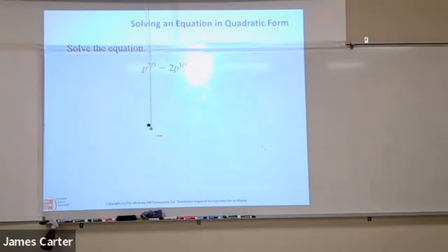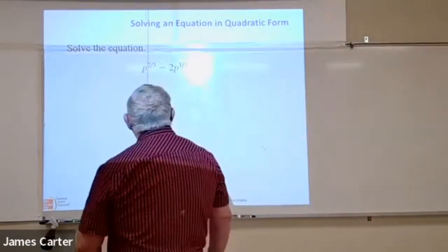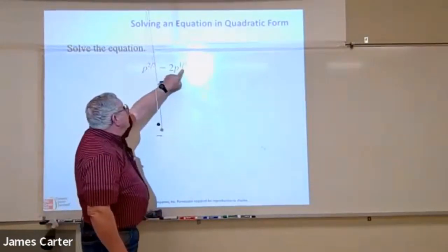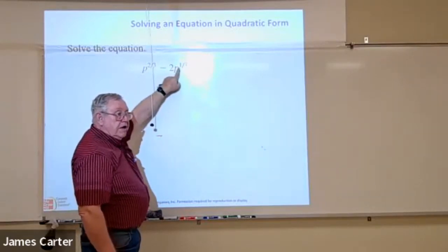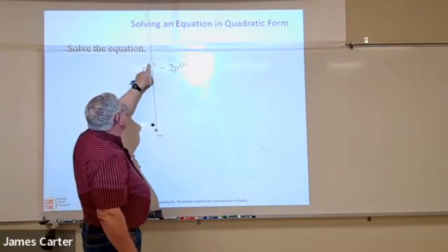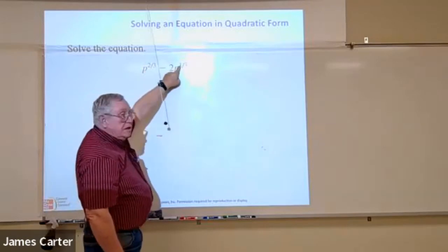Okay, what about this where you got fractionals? This part right here means cube root, doesn't it? 3 in the denominator means cube root. This is the power underneath the radical. That and this.